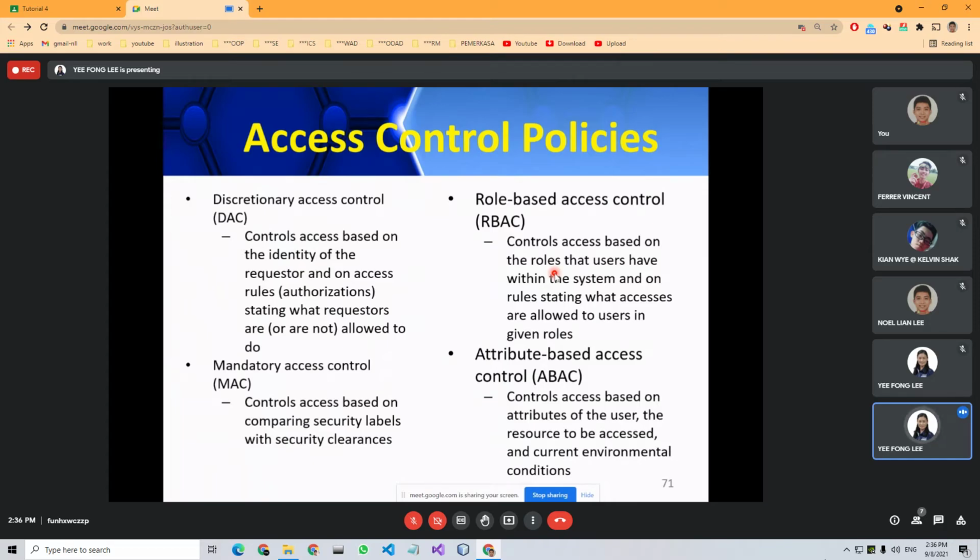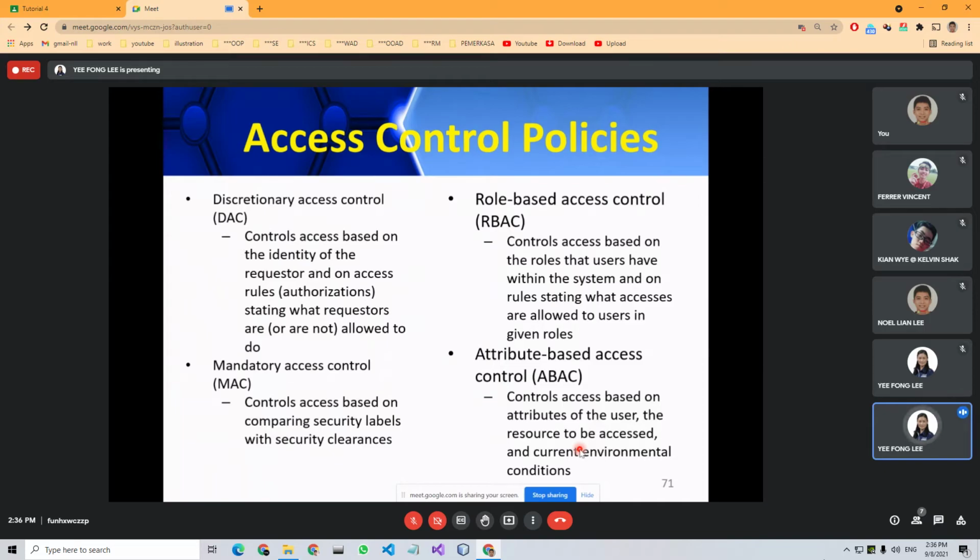What role do the users have within the system, which allows them to access? Attribute here means control access based on attributes of the user, the resource to be accessed, and current environmental conditions. Means it could be changed.